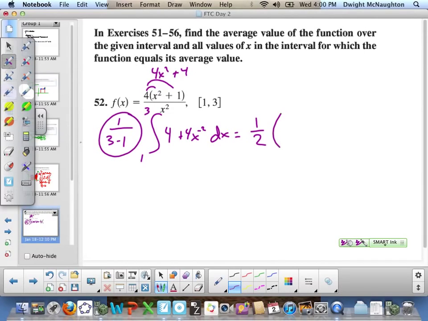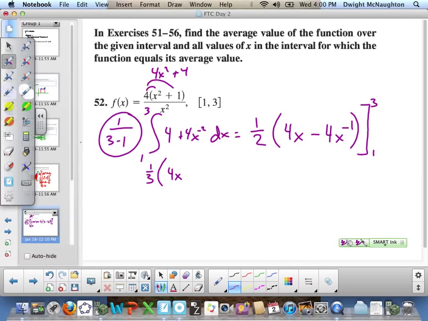We'll take our antiderivative. The antiderivative of 4 is 4x. The antiderivative of 4x to the negative 2: we power up to negative 1, divide by negative 1, so we get minus 4x to the negative 1, from 1 to 3. So we've got 1/2.